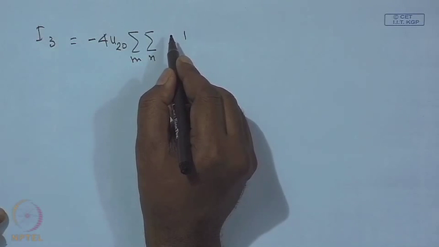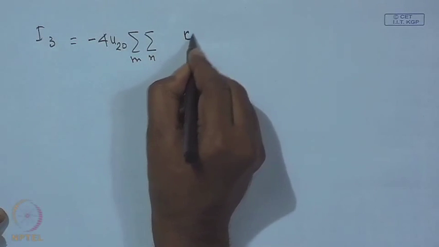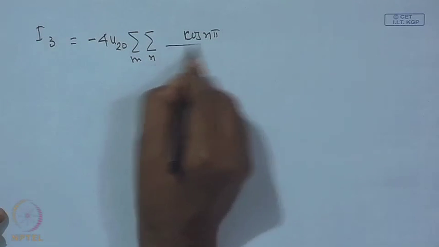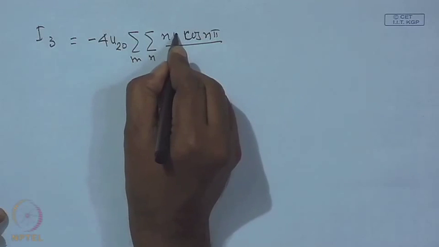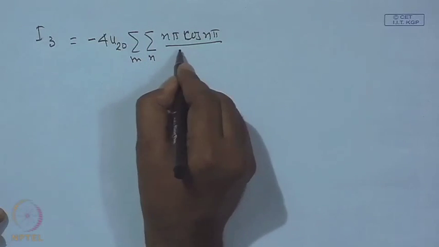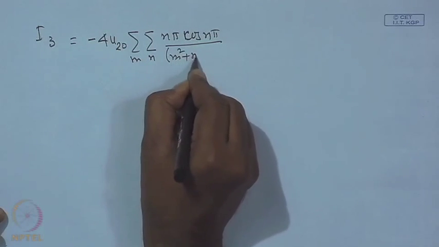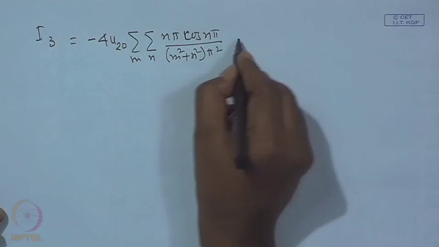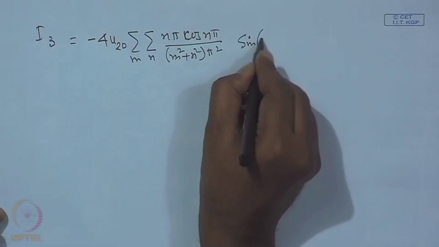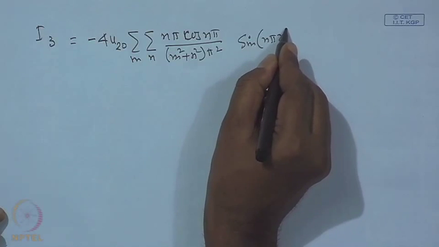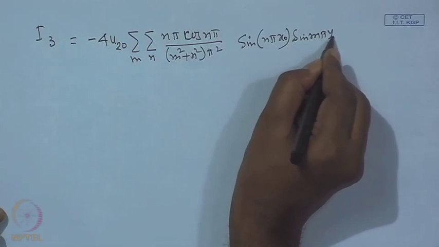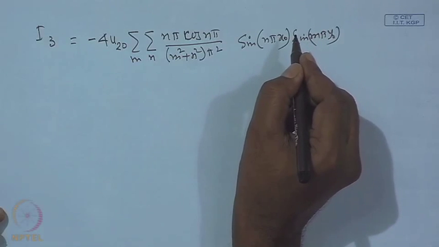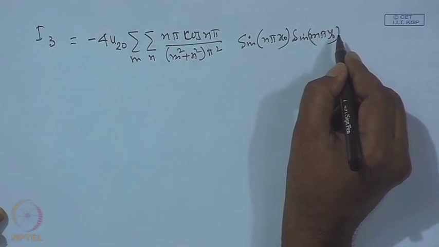So, it will be cosine n pi, multiplied by n pi, divided by m square plus n square pi square, sin n pi x naught sin m pi y naught, and then the integral from 0 to 1 of sin m pi y dy.